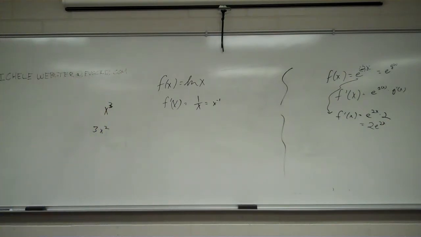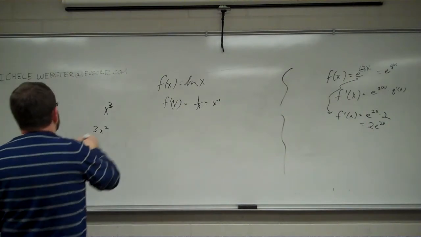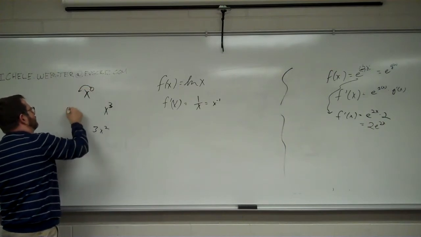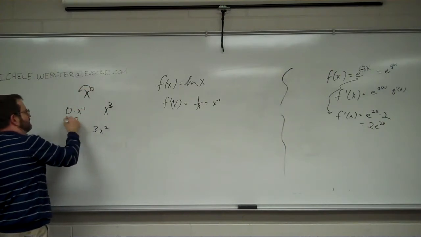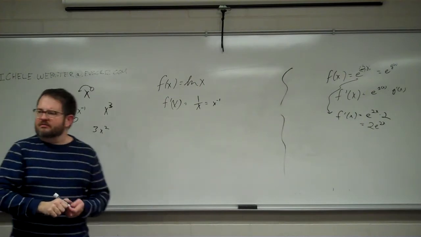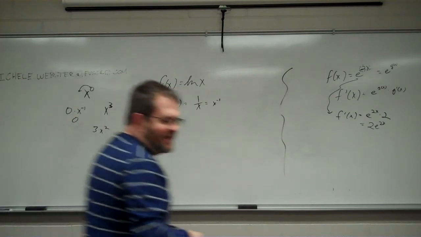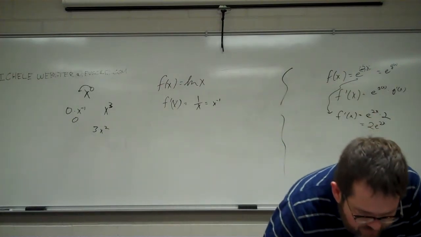You probably would have said, I guess it comes from x to the 0. Well, wait a minute. If we had a term that was x to the 0, we'd be pulling the 0 out in front, 0 times x to the negative 1, but that would just be 0. Something's wrong. Turns out that one doesn't work. You go from natural log to x to the negative 1. Okay, so the derivative of natural log is x to the minus 1.